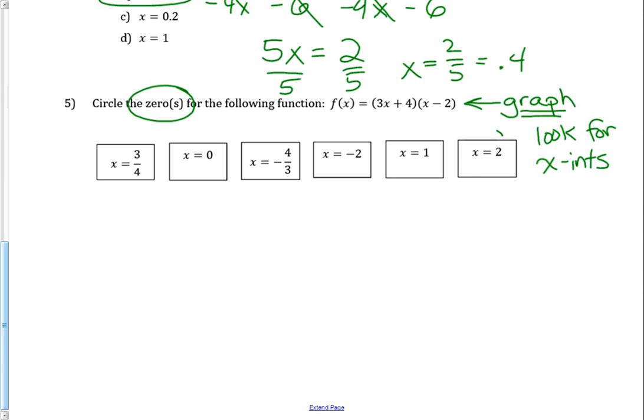The first one's at a positive 2. The other one's not at a nice even number, so we have to look at exactly where it crosses. You should notice that it crosses somewhere on the left side of the y-axis, at the negative x values. So it can't be any of those. So we're left with either negative 4/3 or negative 2. If you look closely, it's between negative 1 and negative 2, so the answer would be negative 4/3.